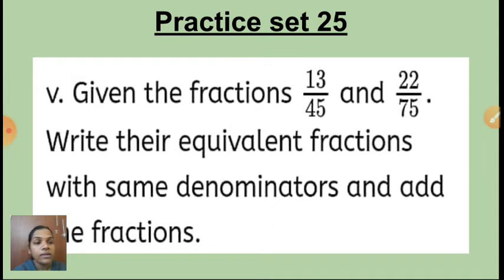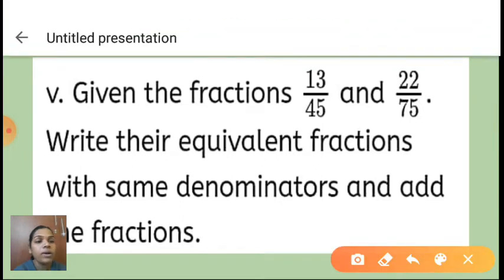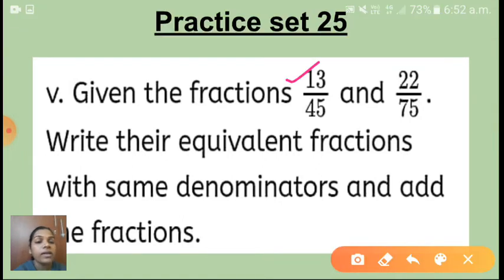Here I will read the sum now. Given the fractions 13 upon 45 and 22 upon 75, write their equivalent fractions with the same denominators and add the fractions. Understood the question here? Two fractions are given, so write their equivalent fractions.